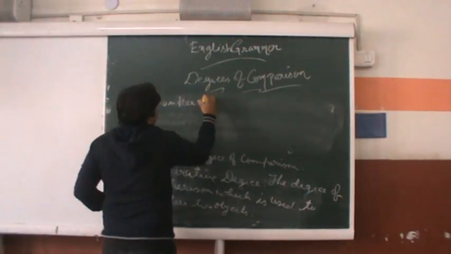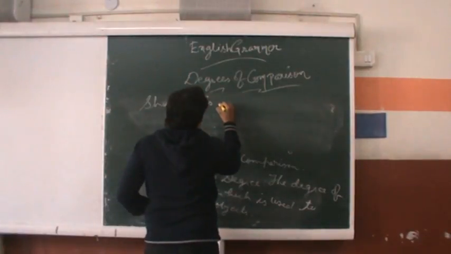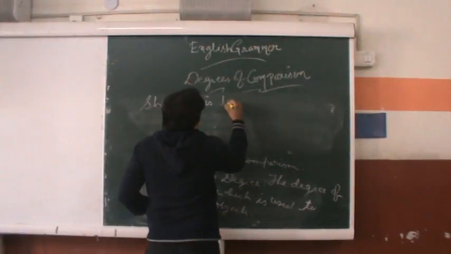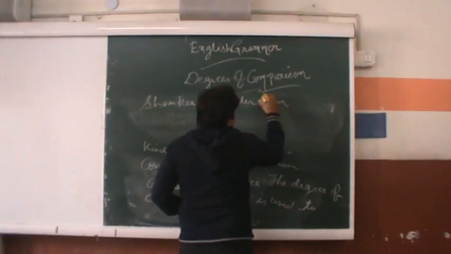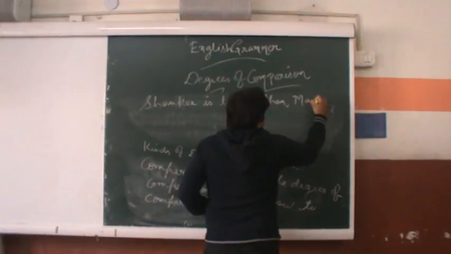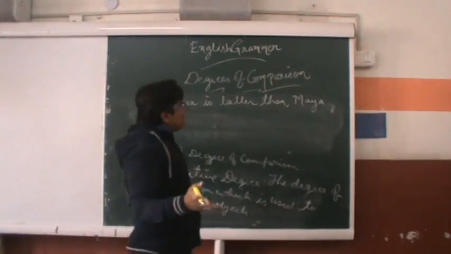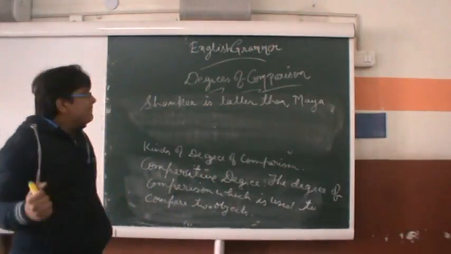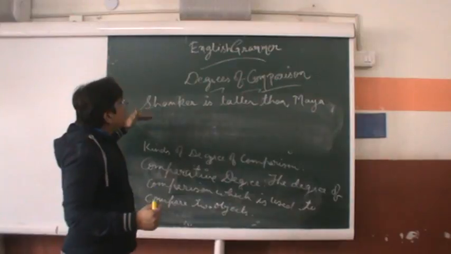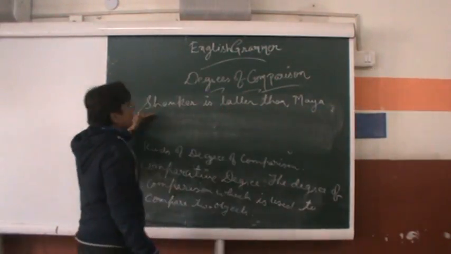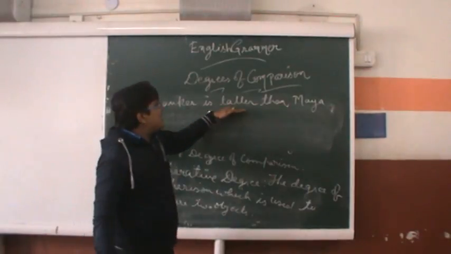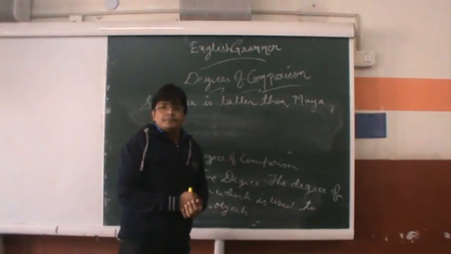Shankar is taller than Maya. Earlier Maya was as tall as Meena. Now Shankar is taller than Maya, and comparing the height of these two with the comparative degree taller.